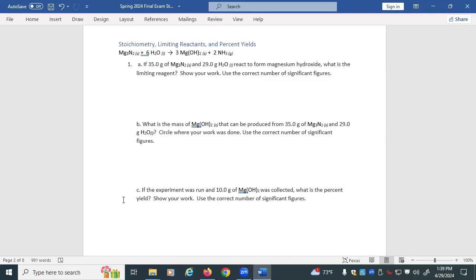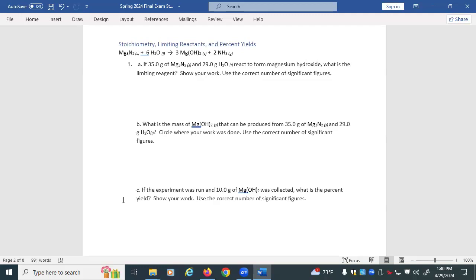Remember, we did this in class. We talked about making cheeseburgers, making s'mores. The way to do this is we figure out how much do I have, how much can it make, and what ends up running out first.